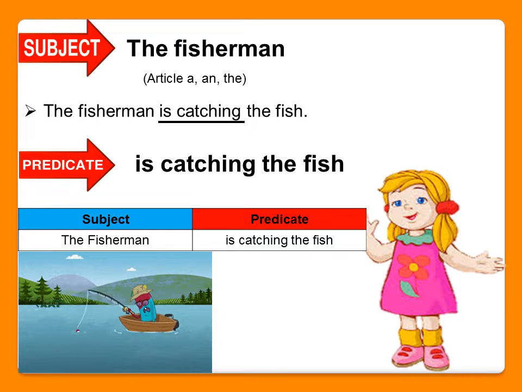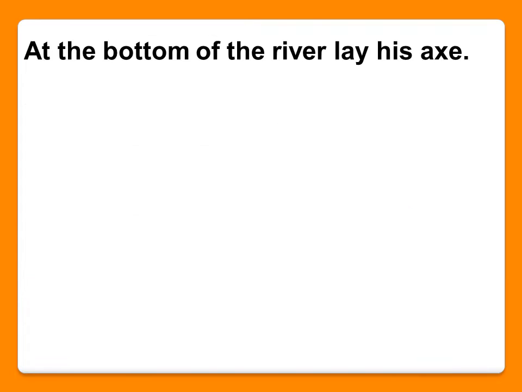Let us take the second example. The sentence says, at the bottom of the river lay his axe. So, first, what are we going to do? We will underline the verb. Here, the verb is lay.